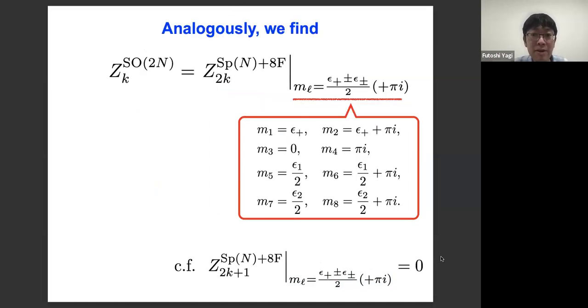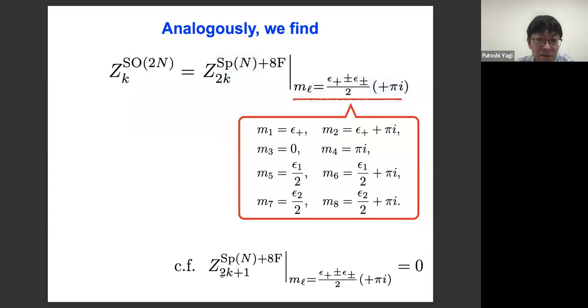And we can also do the same thing for the comparison between SO2N and SP plus 8 flavor. And at this stage, another non-trivial thing is that the k instanton of SO2N corresponds to 2k instanton in SP gauge theory with this tuning.